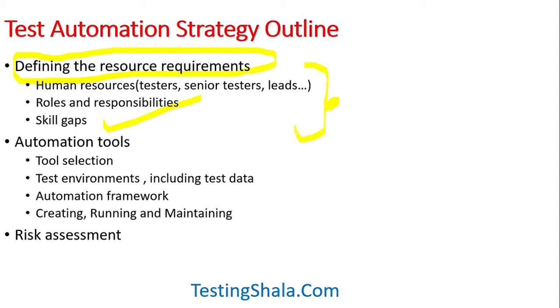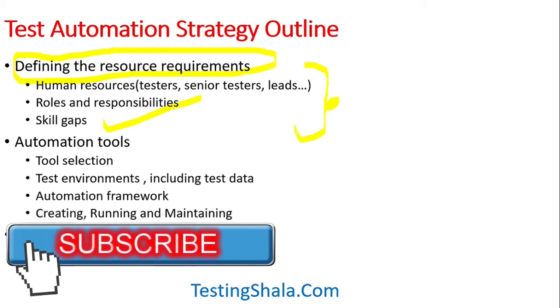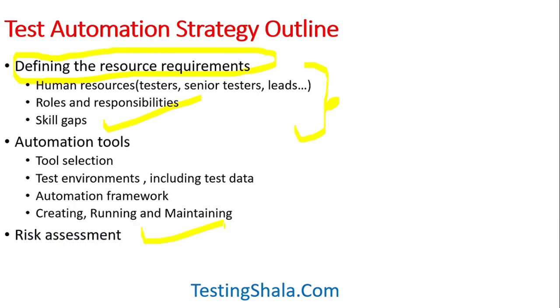You should perform a risk assessment for each activity, either human resource, skill gaps, automation tool selection, environments, framework, you name it. For every risk which you are going to assume, you should bring an assessment plus how you are going to mitigate that risk. That needs to be clearly called out as part of your test automation strategy.